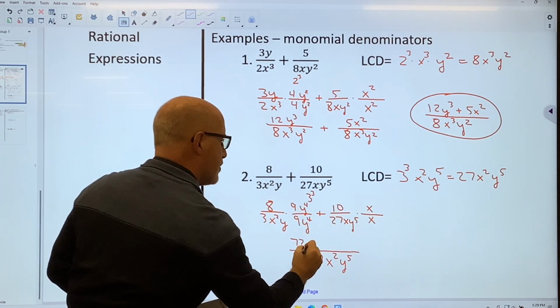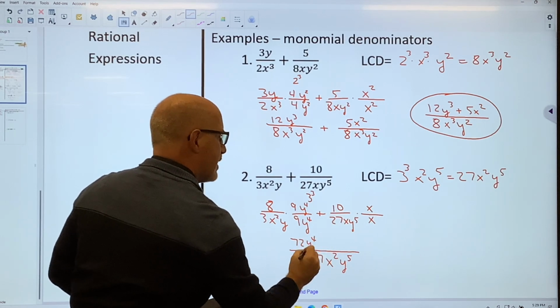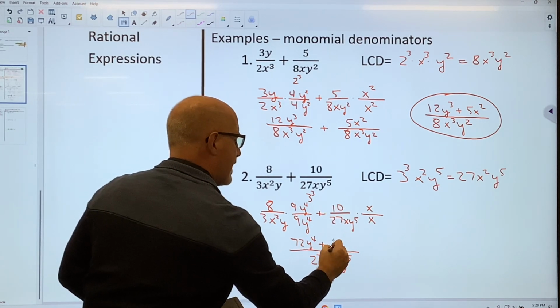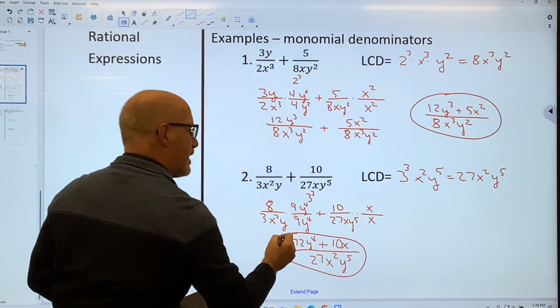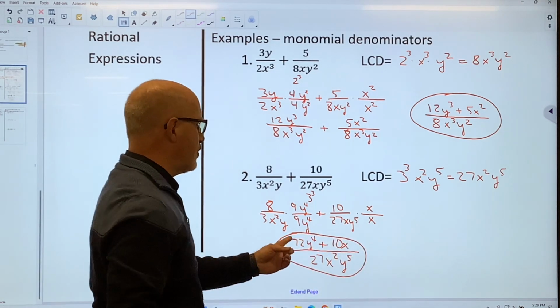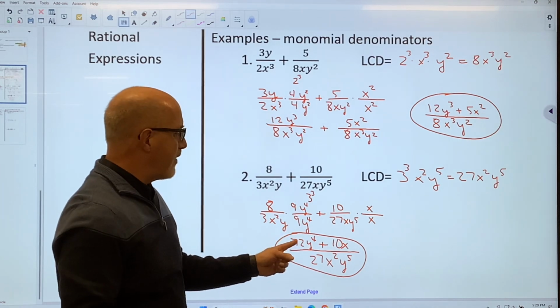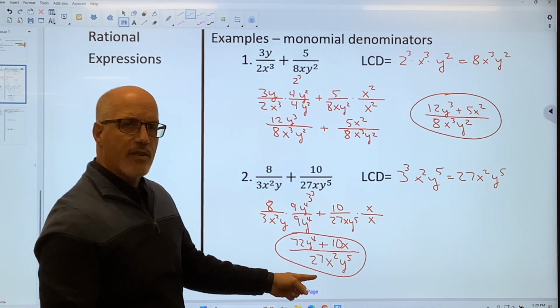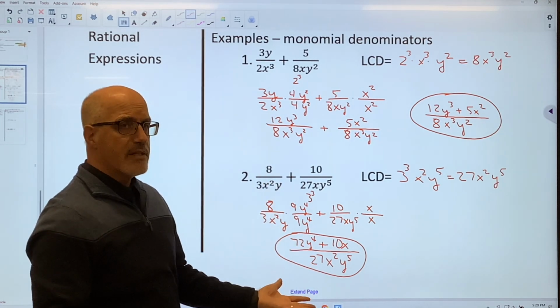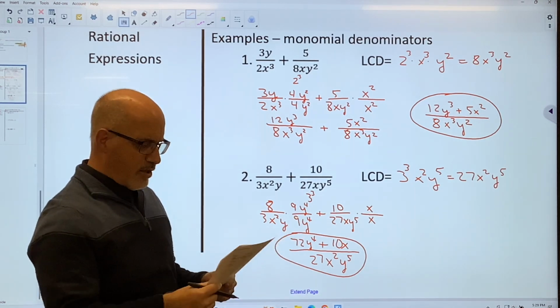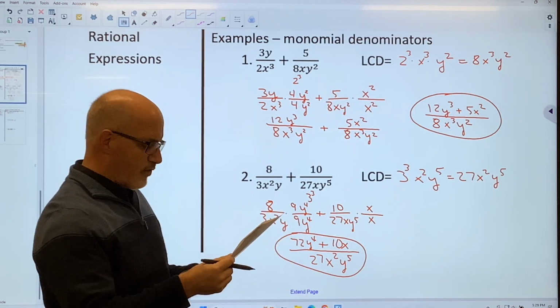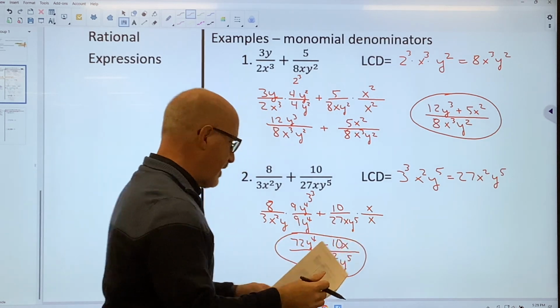I get 72 y to the 4th, and here I'm going to have a 10x. So saving it one step here by combining those. Now I can factor out a 2 out of these two, and if there was a 2 down here that I could reduce with, there isn't, so we've got to make sure that you think about that, but since there's nothing to reduce with, we've got it in its final form, and we can leave that as our answer.